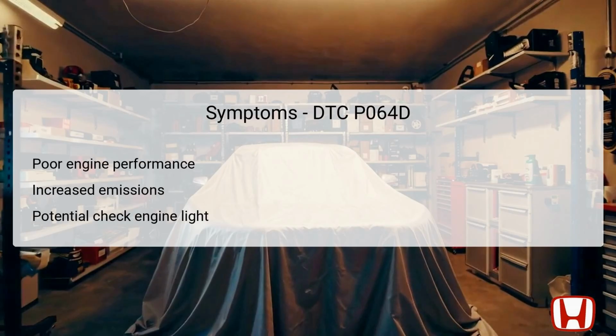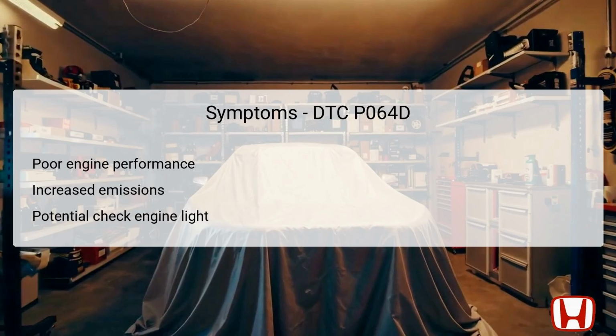The symptoms associated with DTC P064D can significantly impact driving experience and vehicle health. Poor engine performance is a primary concern, as the AF sensor plays a crucial role in balancing the fuel-air mixture. Inaccuracies can lead to sluggish acceleration and reduced power. Increased emissions are another critical symptom.